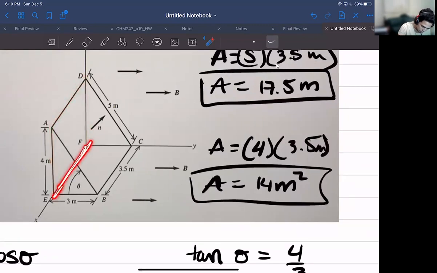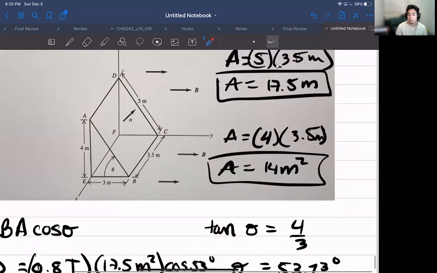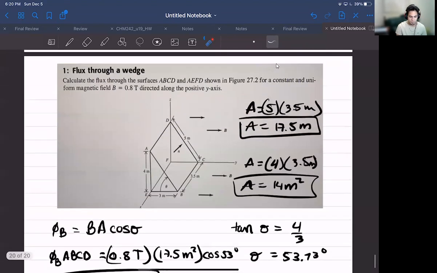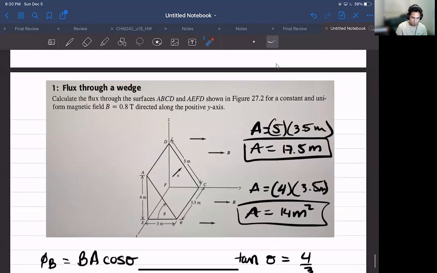This right here is equal to this side, so it's 3.5, and this side, which is the height, you can say will be 4 meters. You multiply it, you get the whole area, which is 14 meters squared. You multiply the area times the constant magnetic field, and you get the flux. Right? Perfect.